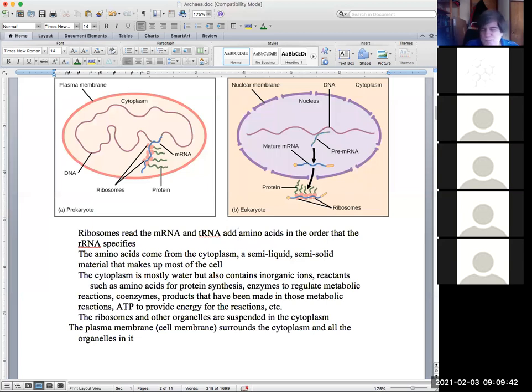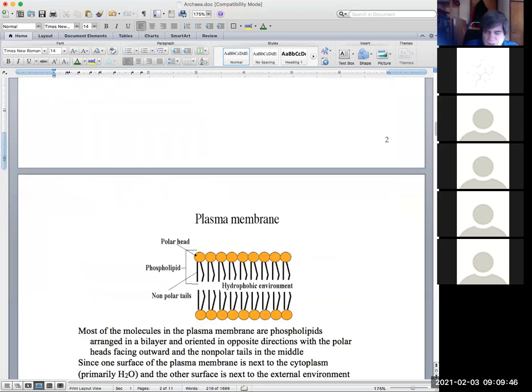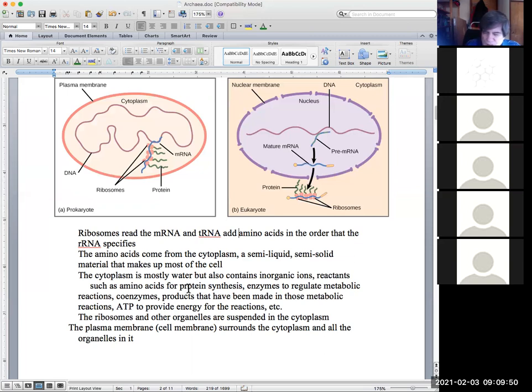It's kind of a semi-liquid, semi-solid, kind of a milkshake type of consistency. If you look at the cytoplasm, the most common molecule in there is water. But there are lots of inorganic ions dissolved in the water. Things like sodium ions, potassium ions, calcium ions, chloride ions.